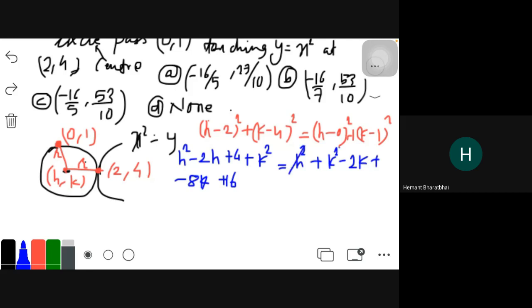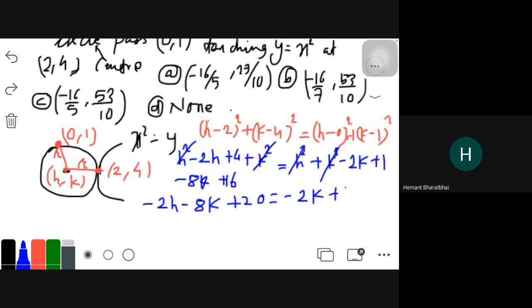So h square, k square gets cut. So here I'm going to have minus 2h minus 8k plus 16 plus 4, that is going to be 20. And here I have minus 2k plus 1.